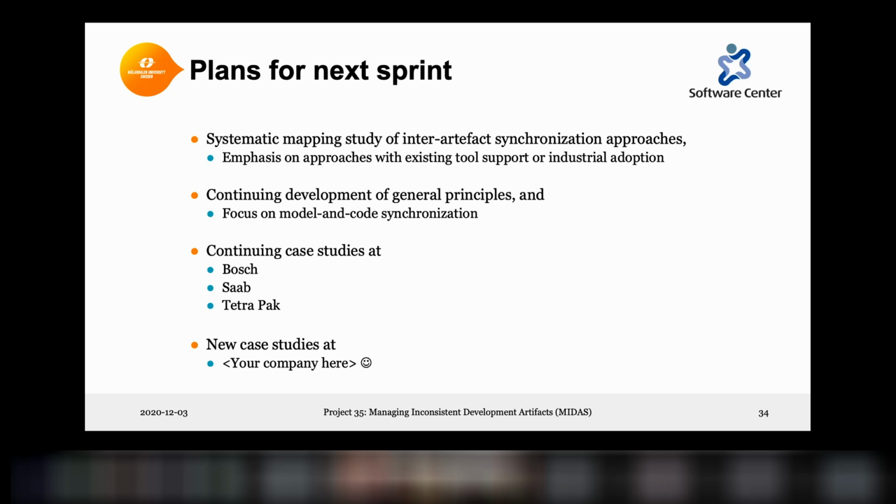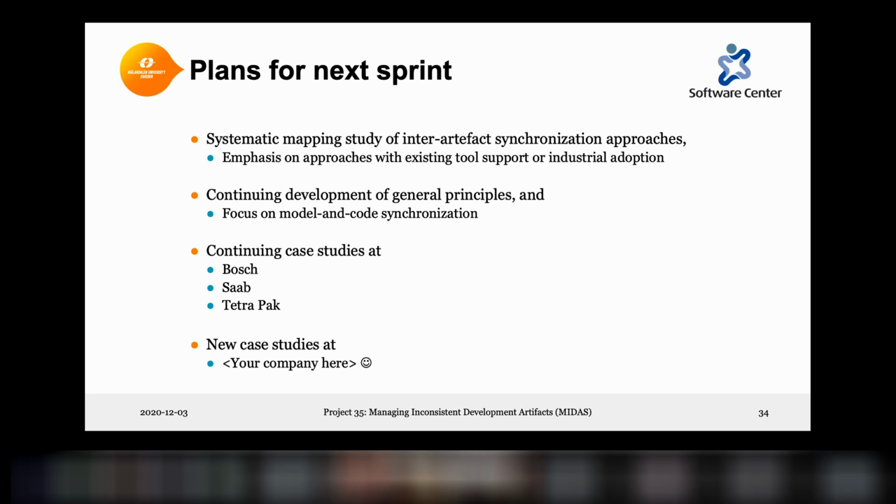In terms of the work towards the general principles, we will be doing a systematic mapping study of inter-artifact synchronization approaches, where we will especially emphasize existing tool support and industrial adoption, to see which types of things are really in use. And then we want to focus on model and code synchronization.